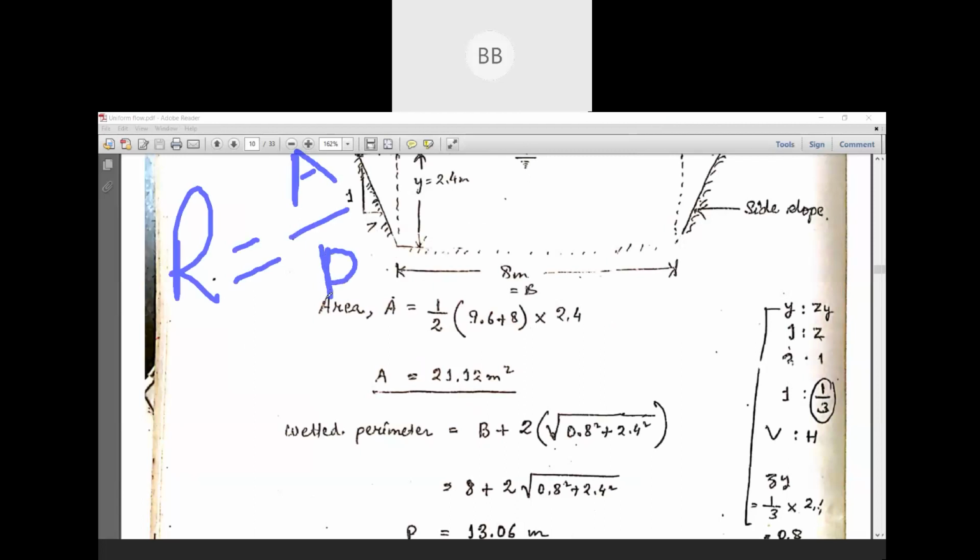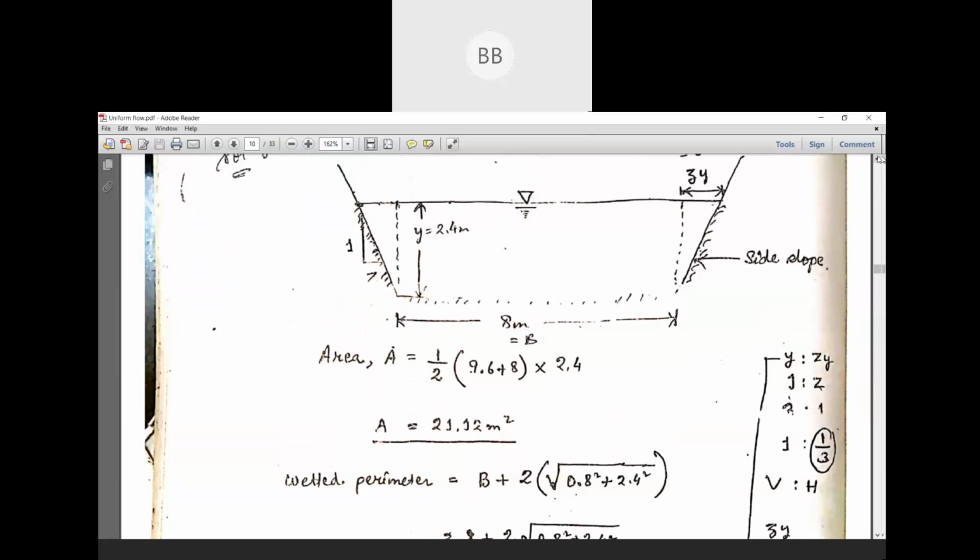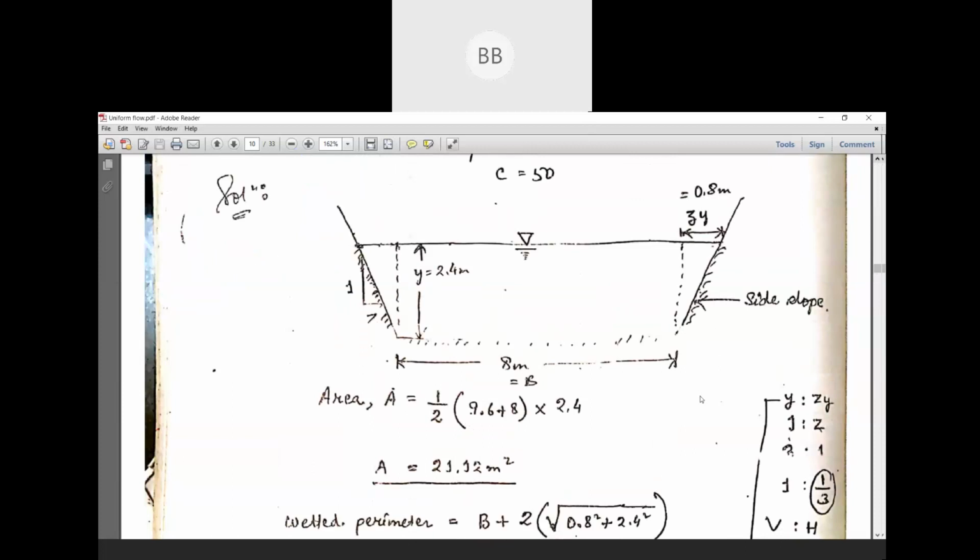Now we need to find out the wetted perimeter. When you find the wetted perimeter for a trapezoidal channel, you have to consider this side, then the bottom width of the channel, and then again this side.